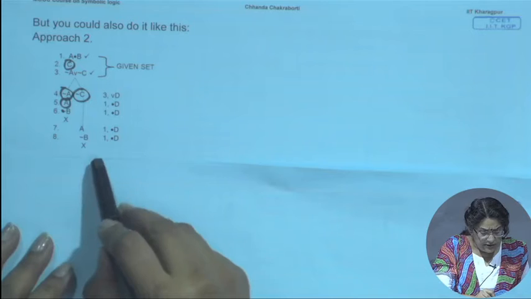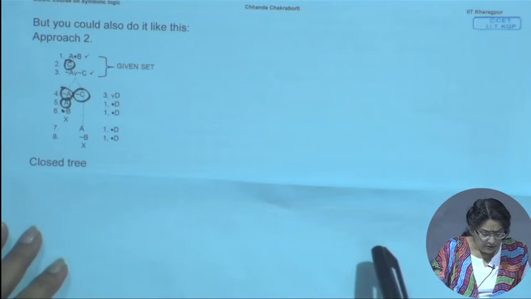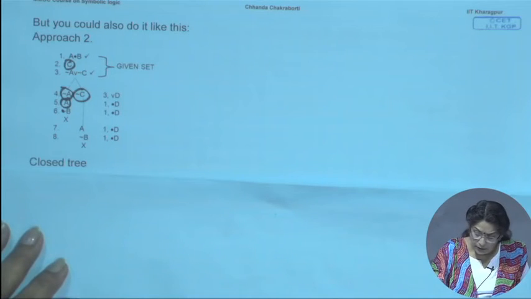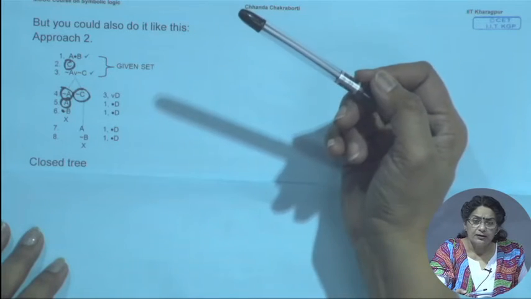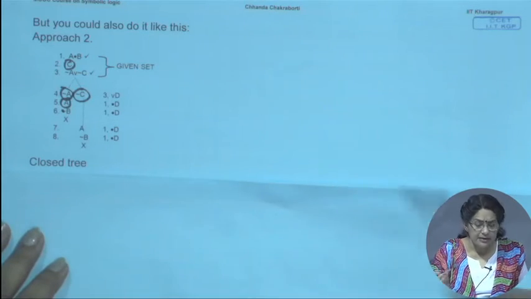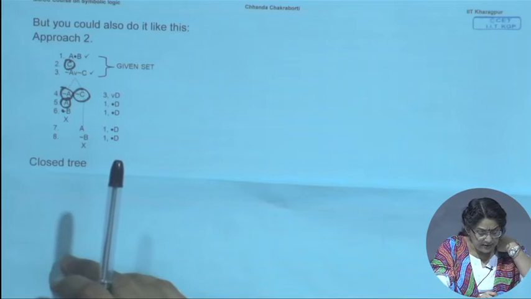In a way you have generated a closed tree. This is also a closed tree, but look at the number of steps. Earlier it had 6 steps and here you have 8 steps.